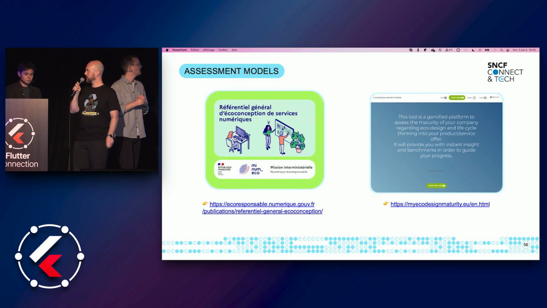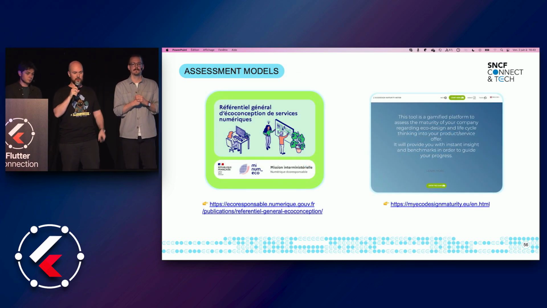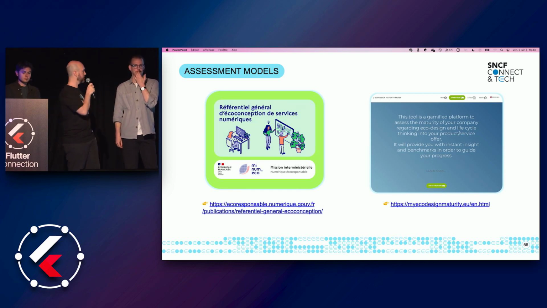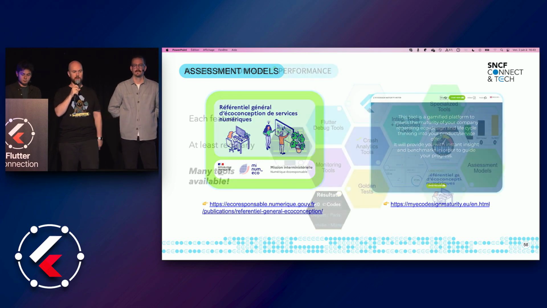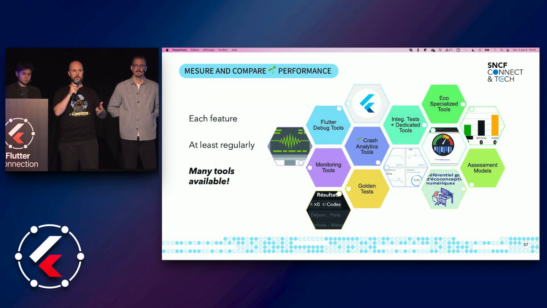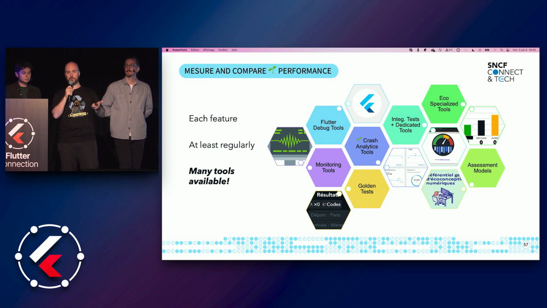But that might be an interesting idea if you don't do that. And also there are assessment models and questions to try to evaluate your footprint just by answering questions, but we'll skip that. As we've seen, there are many tools, solutions and tips to measure the carbon footprint and monitor the performance.